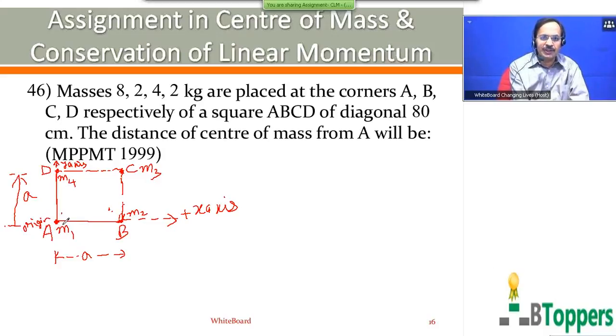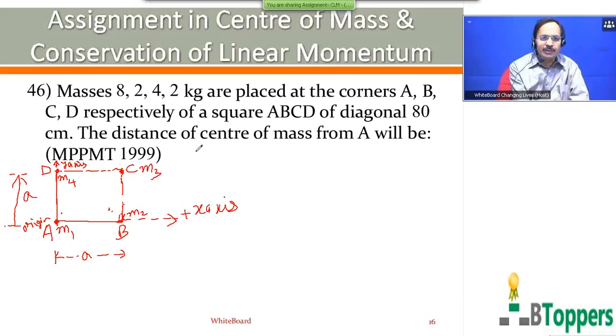You are asked to find the distance of the center of mass of the system of the 4 masses from the corner A. For convenience in calculation, we can choose the corner A as the origin of the coordinate system.